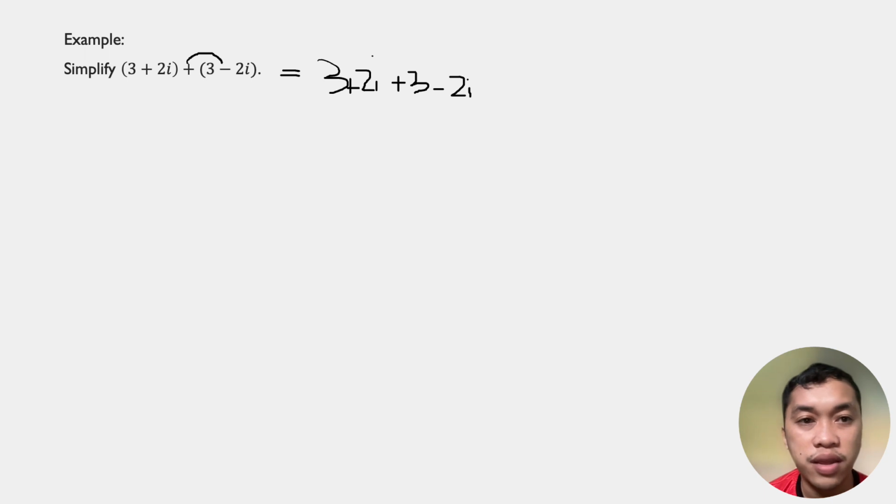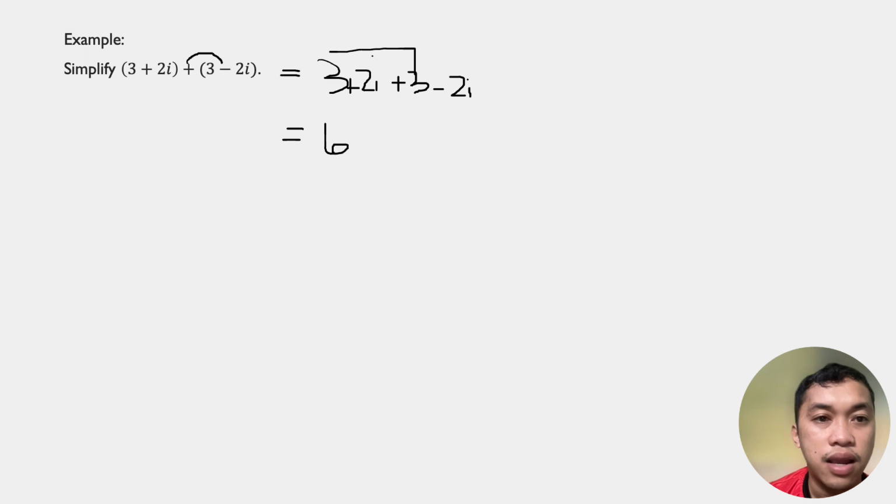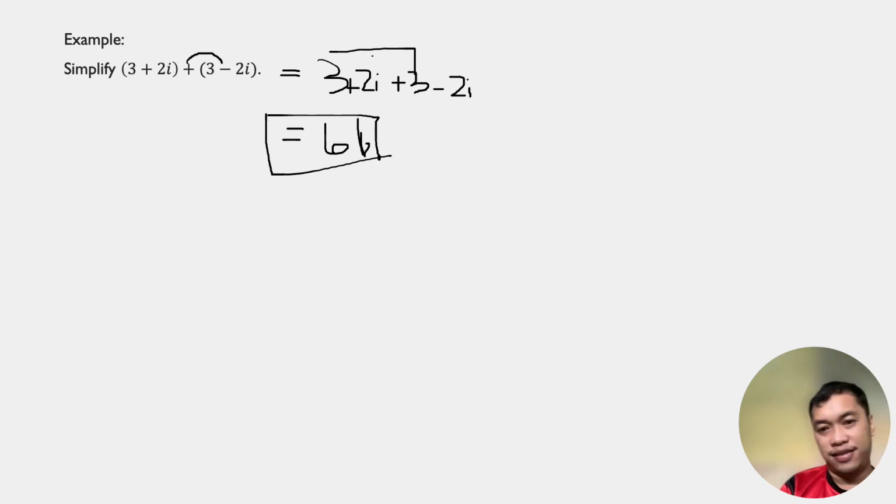Perform the indicated operation and combine like terms. The constants, we have 3 and 3, so that's 6. And 2i minus 2i is equal to 0. Which means that our value here is just 6.